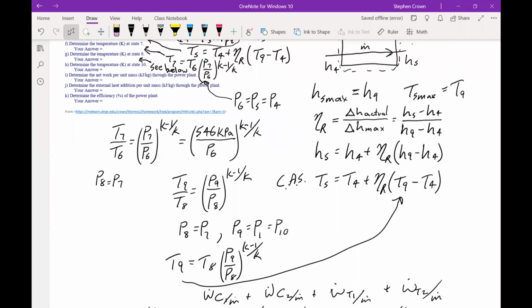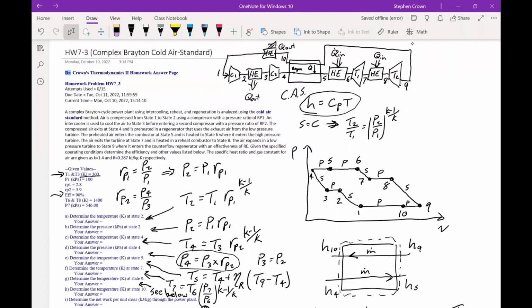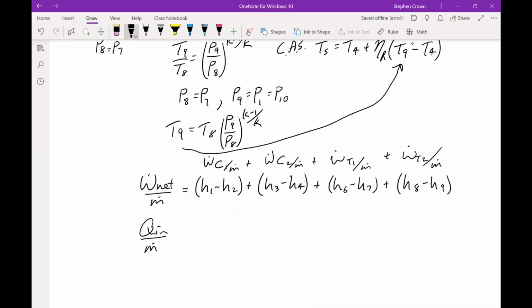So that would be Qn per m dot would equal H6 minus H5 plus, so this is a heat exchanger, let's just say Qn 5,6, since we have a lot of things called heat exchangers, plus Qn 7,8.